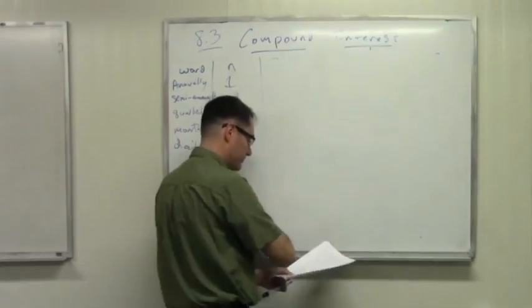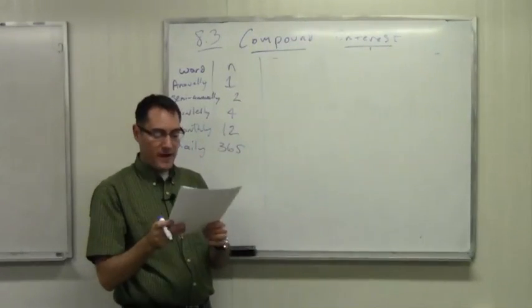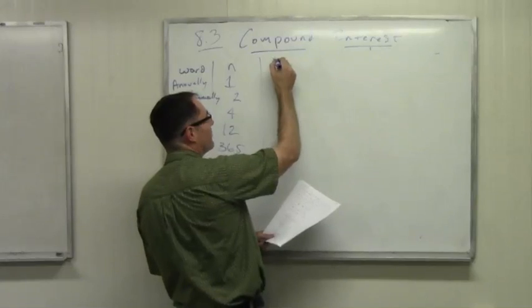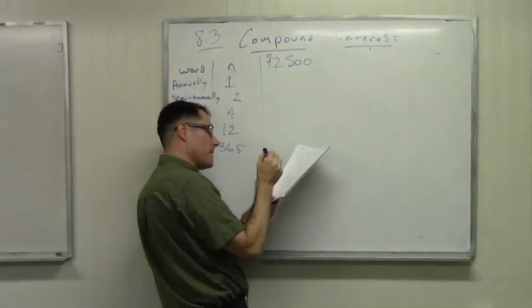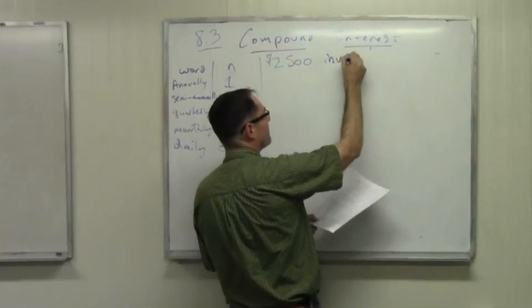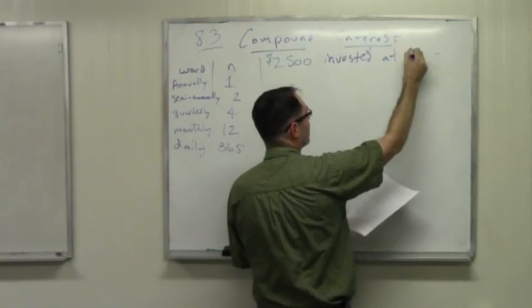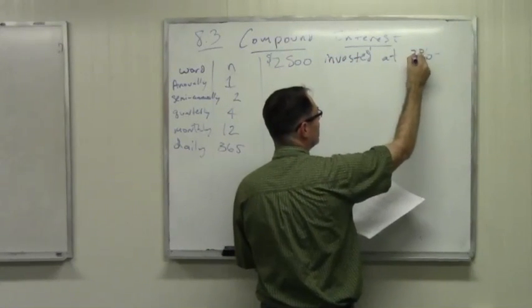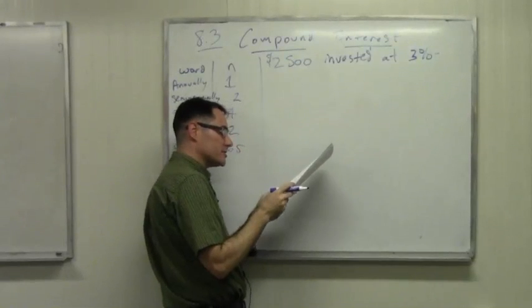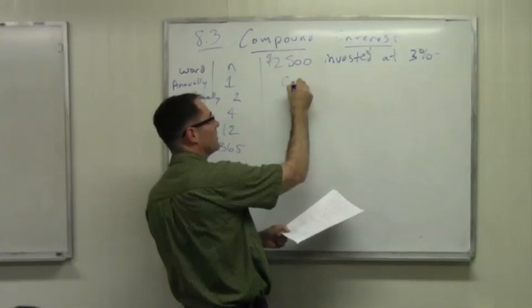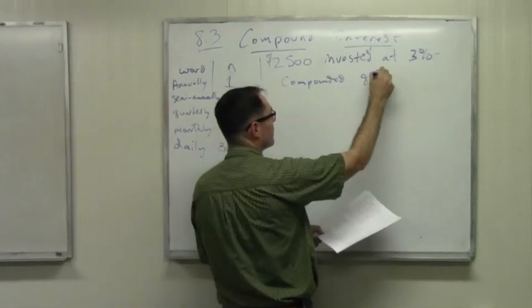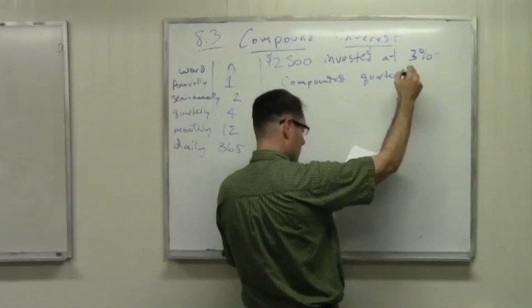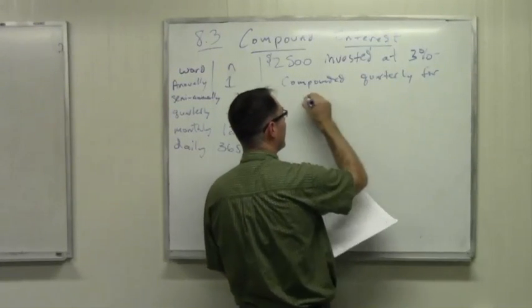Here's the example. Find the future value of $2,500 invested at 3% interest compounded quarterly for 5 years.